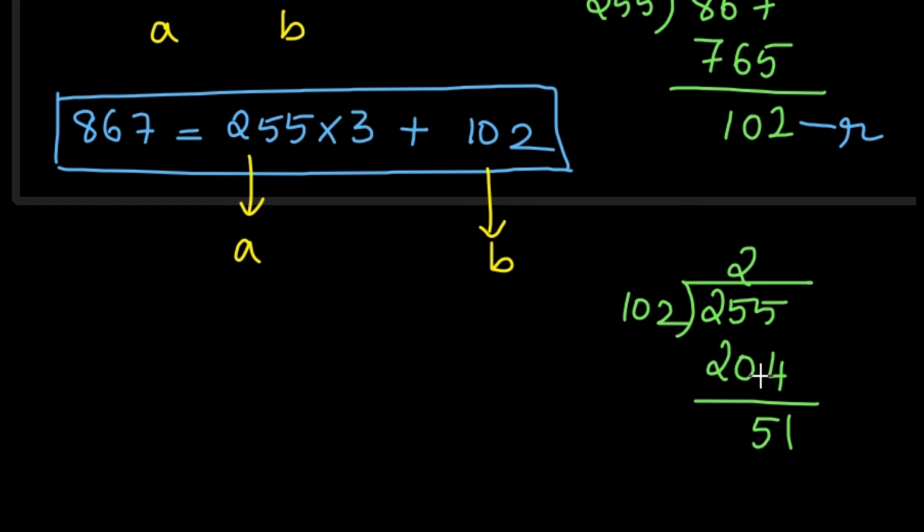Here is 5. 5 minus 0 is 5. So our new remainder R is 51, Q is 2.